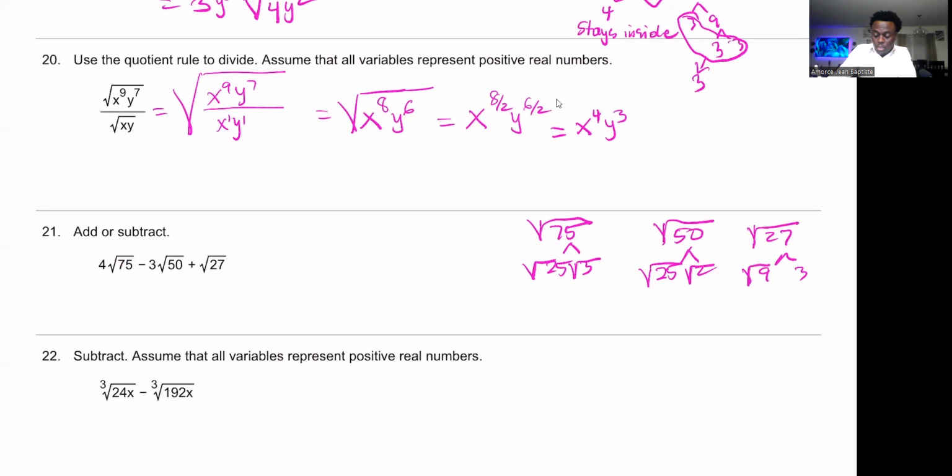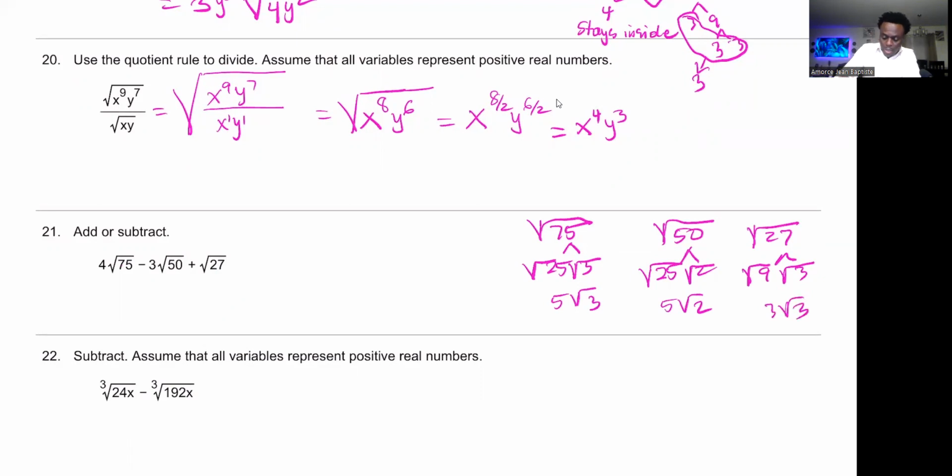Square root of 27 is the product of the square roots of these two numbers. Square root of 25 is 5, so 5 square root of 3. Square root of 25 also 5, so that is 5 square root of 2, and square root of 27 will be 3. Square root of 9 is 3, so 3 square root of 3.